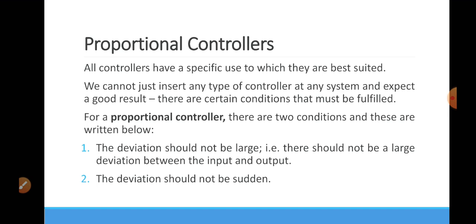So 2 multiplied by 2 will be equal to 4. That is proportion. So we are getting the output value in terms of some proportion of input. That is the function of a proportional controller.